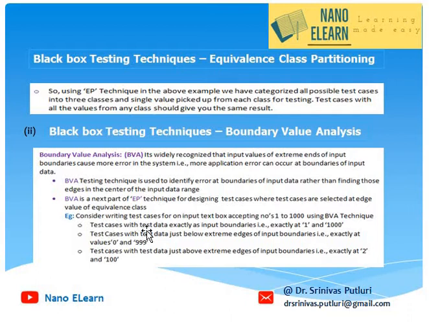Test cases with test data exactly at input boundaries, that is, exactly at 1 and 1000. And the second one is test cases with test data just below extreme edges of input boundaries, that is, exactly at values 0 and 999. The third category are test cases with test data just above extreme edges of input boundaries, that is, exactly at 2 and 1001.